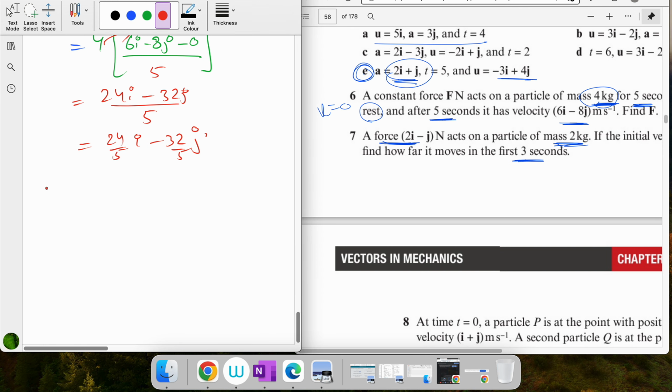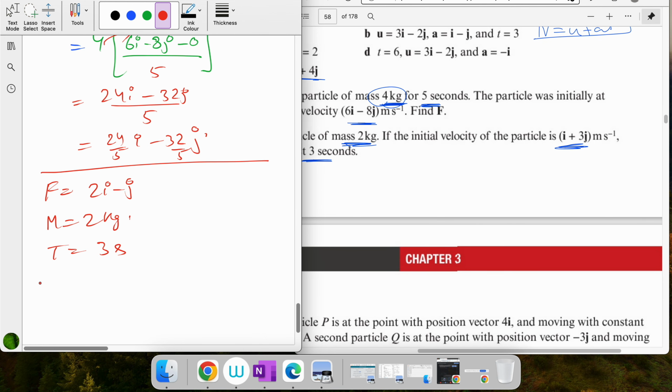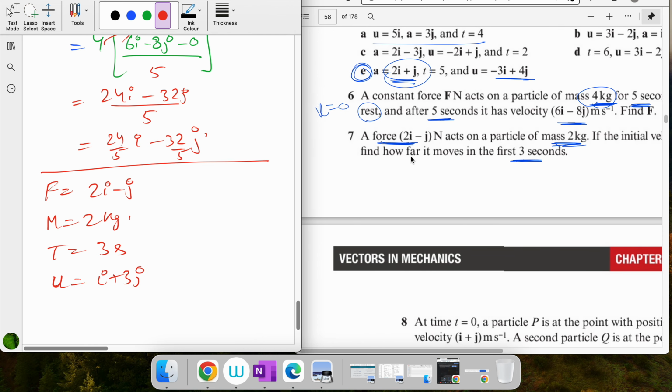Let me bring this here so I have more space to write. The force is 2i minus j, mass is 2 kg, time is 3 seconds, initial velocity u is i plus 3j, and we need to find how far it moves. We need to find the distance.